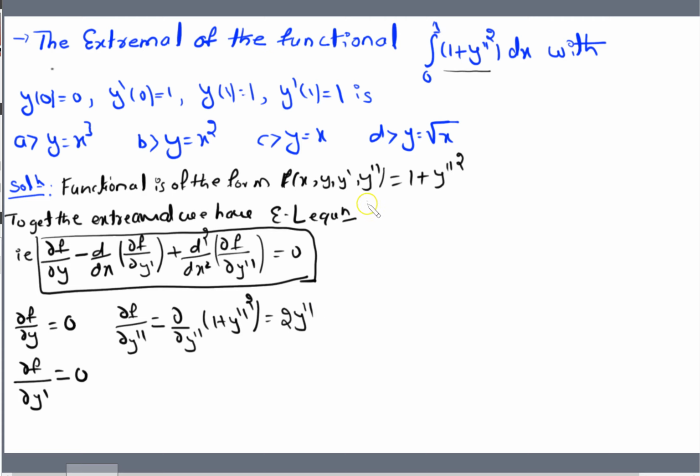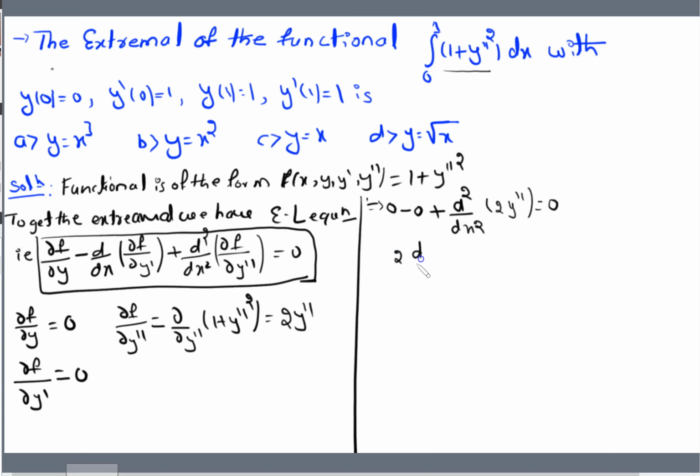Now put all these values in the above Euler equation. It will become 0 minus 0 plus d square by dx square of 2y double dash is equal to 0.